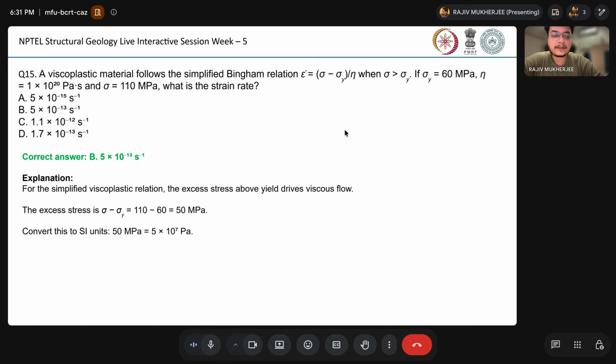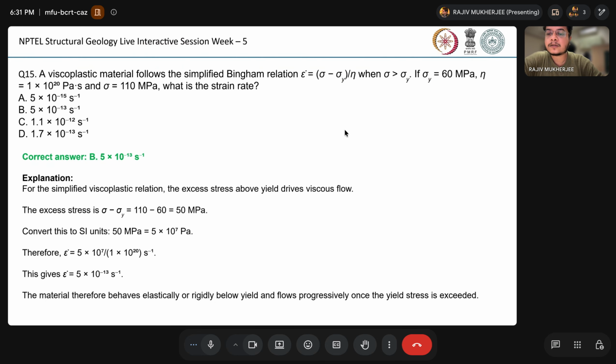Now convert that to pascals, it's 5 times 10 to the power 7 pascal, and simply plug in the numerical values to obtain the strain rate, and it is near 5 times 10 to the power minus 13 per second. So the material therefore behaves elastically or rigidly below yield and flows progressively once the yield stress is exceeded, right? So it's a viscoelastic behavior.